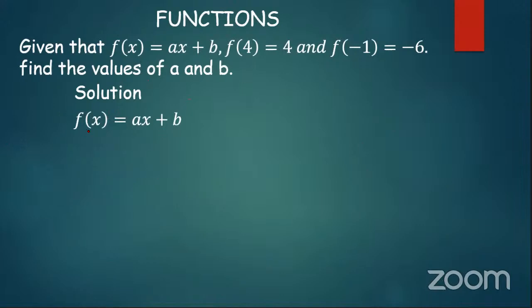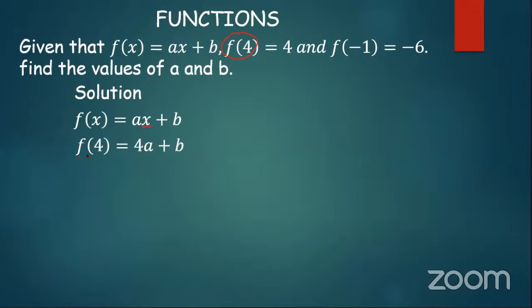Okay, so we are beginning from f of x equaling to ax plus b. So let us now go through it. We first find f of 4. And that one I think we have been doing from the beginning. So we said where there is ax, we are going to substitute there a 4. So that will give us f of 4 is equal to, we substitute a 4, so it becomes 4a, then plus b.